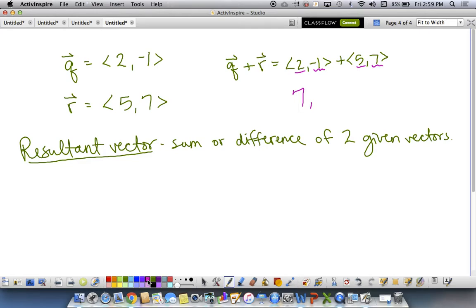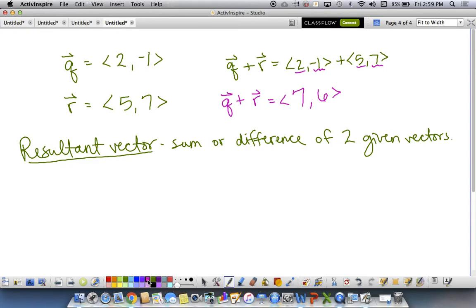Negative 1 and 7, which would be 6. So 7, 6 would be the resultant vector of vector Q plus vector R. And you're done. Resultant vectors just mean you can add them together.